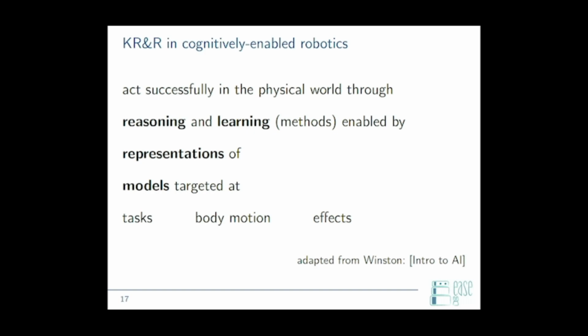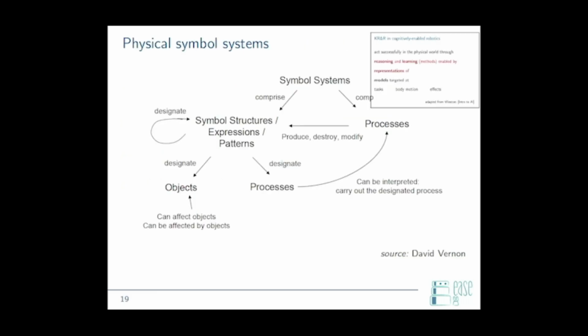Okay, so let's start with the representation and reasoning part of it. So one powerful idea that artificial intelligence has created is the idea of physical symbol systems, right? So that we can have computation systems that use explicitly represented symbol structures and processes that produce, destroy, and modify these symbol structures.